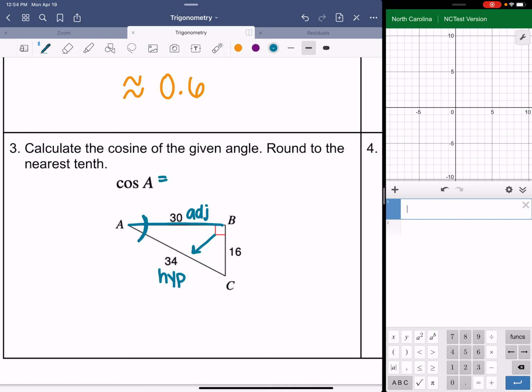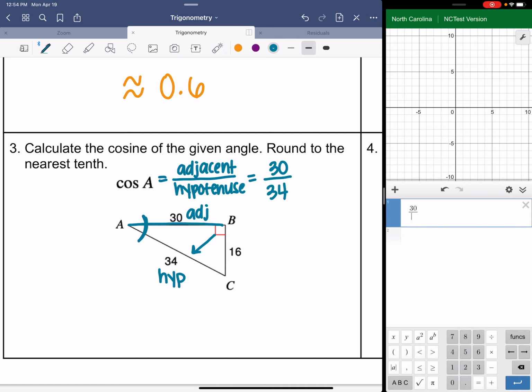So we are setting up our ratio, which is the adjacent side over the hypotenuse. So our adjacent is 30, hypotenuse is 34. So 30 divided by 34 gives us, if we're rounding to the nearest tenth, 0.9.